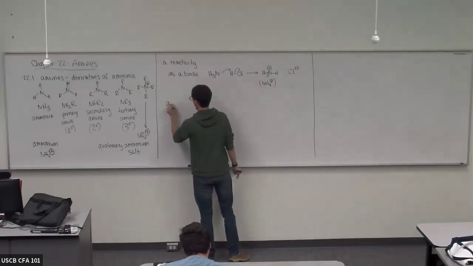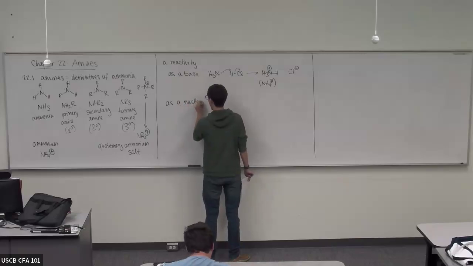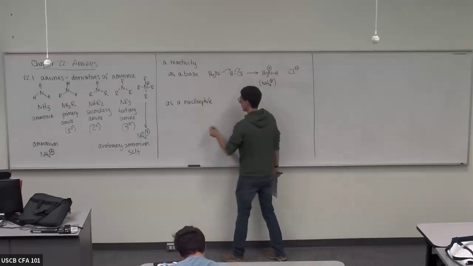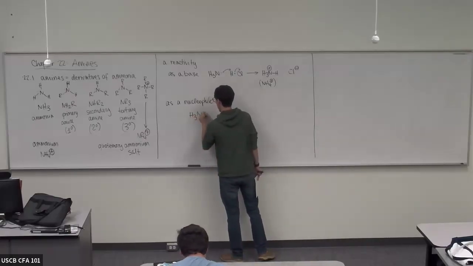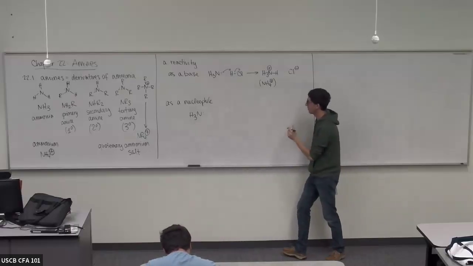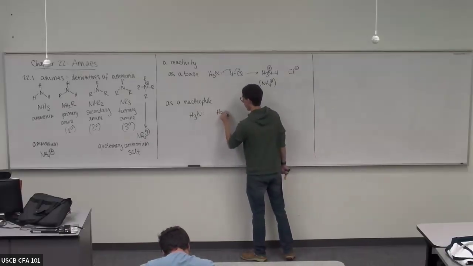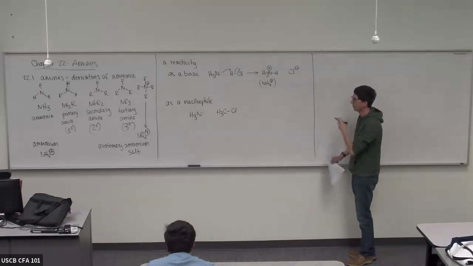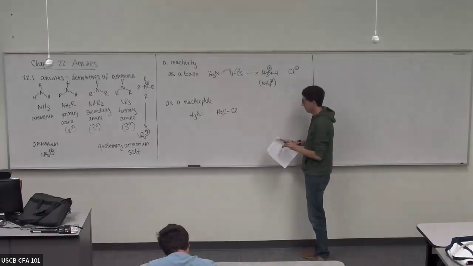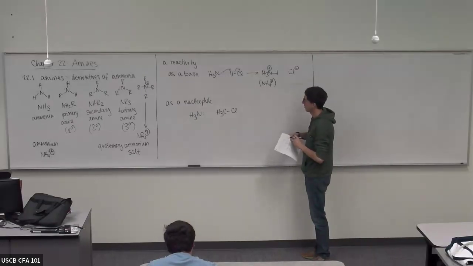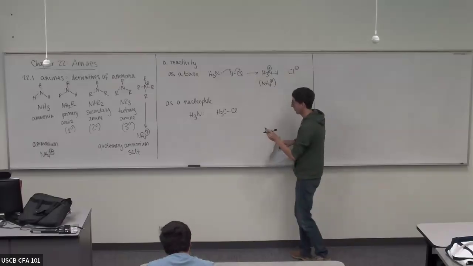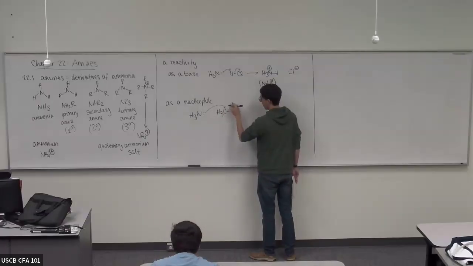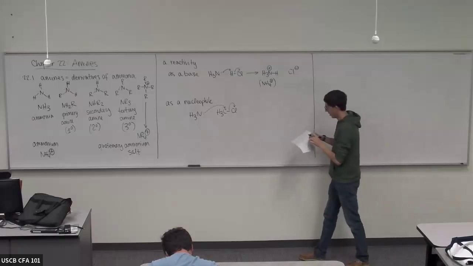Or amines can act as nucleophiles. So instead of HCl, let's use chloromethane, something like that. And so the arrows here are going to look the same, but in this case, it's being considered a nucleophile because we're making a bond to the carbon and not hydrogen.